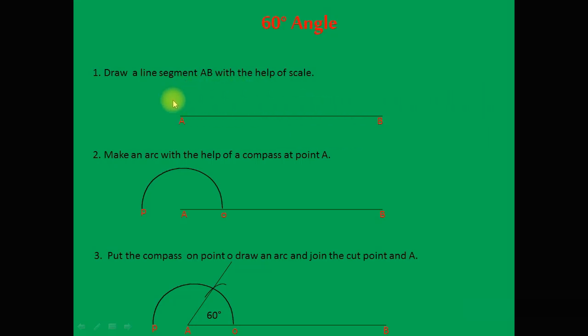So first of all draw a line segment AB, and then make an arc with the help of a compass at point A or at point B. If we are constructing an angle of 60 degrees at point A, then make an arc with the compass at this point A. Put the compass here and open the compass to some radius, like 1 cm or 2 cm.